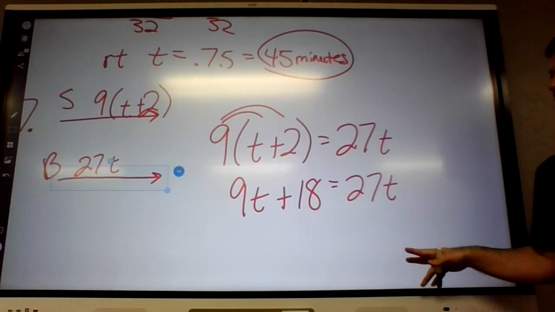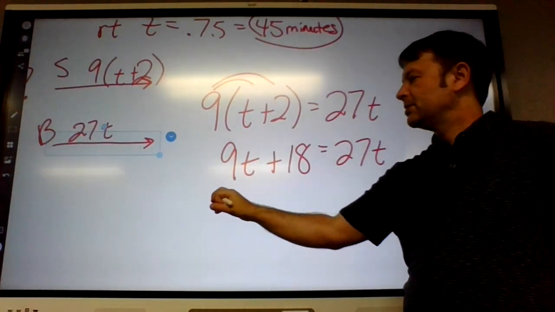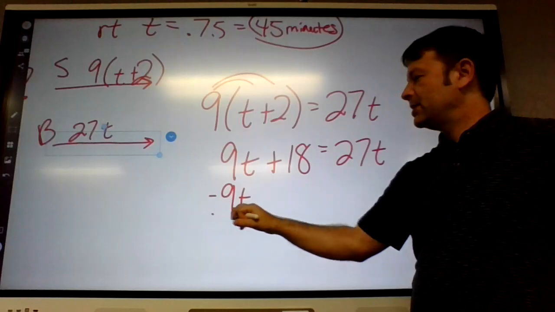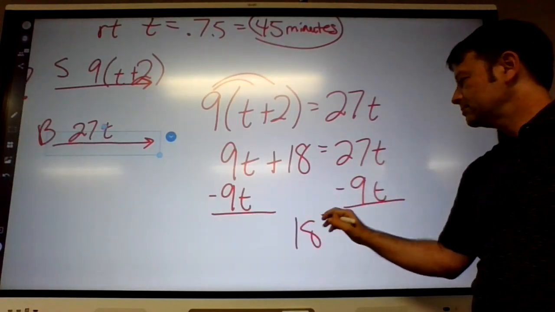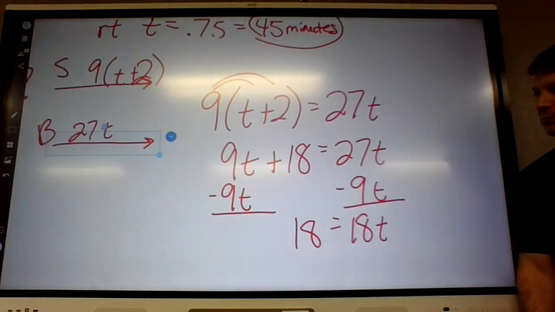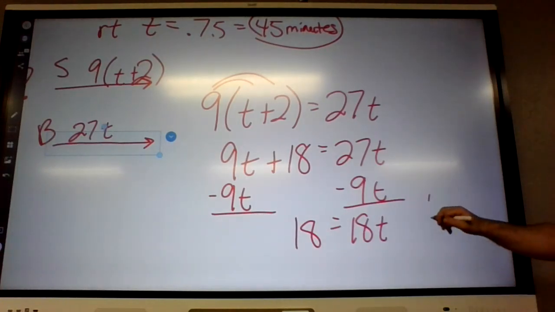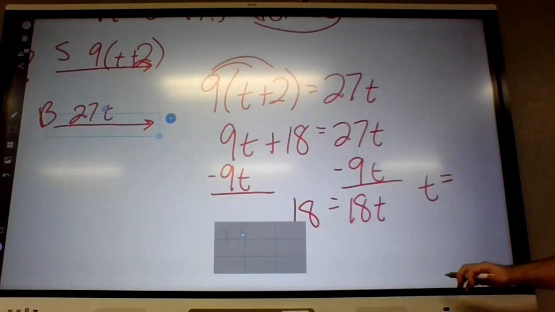What do we do when t's are on both sides? Subtract 9t, get all your t's to one side. And then divide.